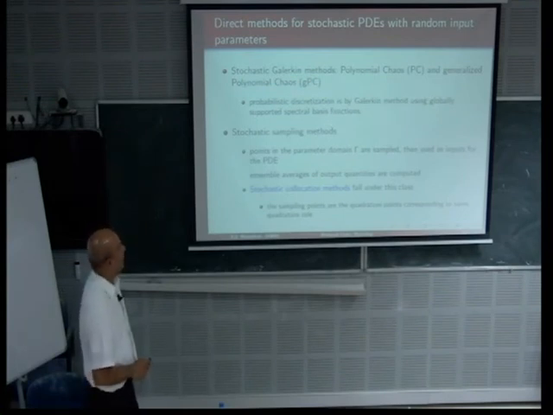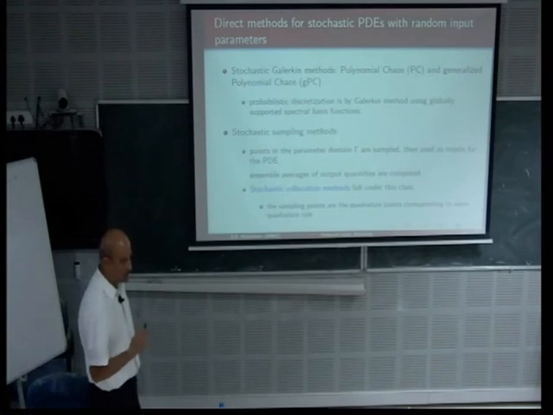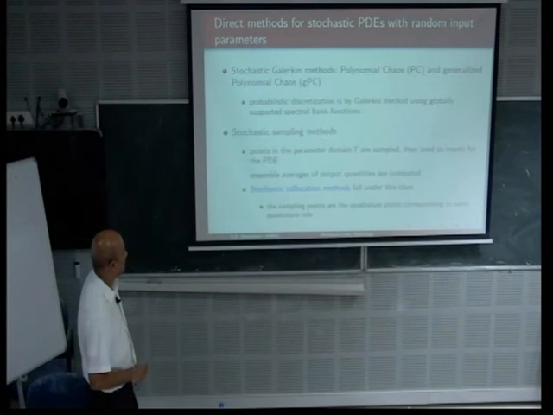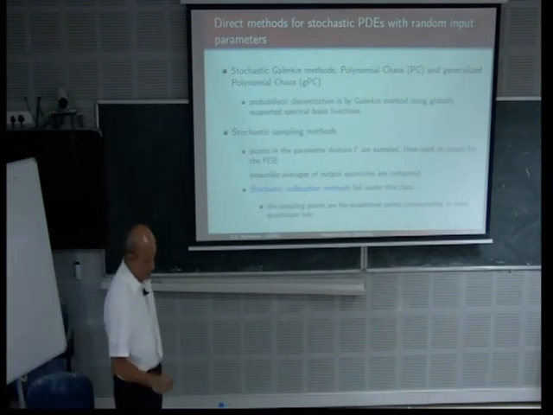Whereas the spatial discretization, that is the deterministic part, you can use finite element local polynomials and so on. Stochastic sampling methods, like the stochastic collocation method that I said is getting a lot of traction, fall under the sampling type method.